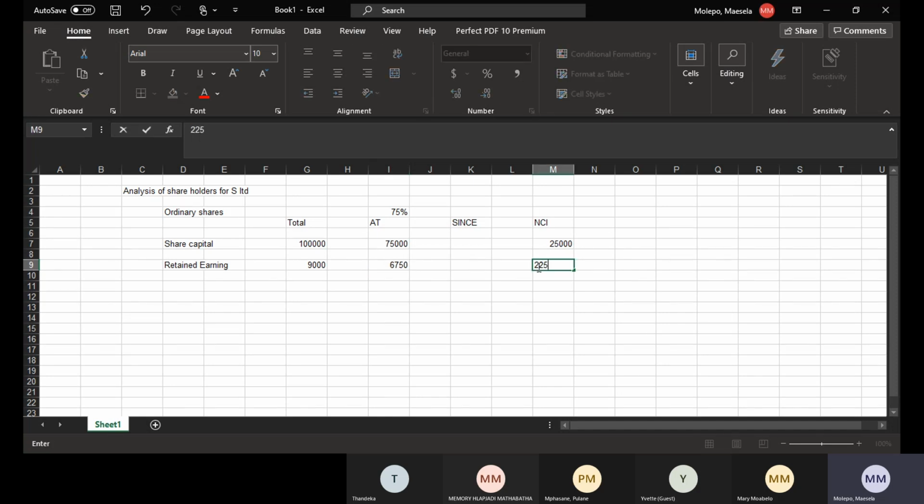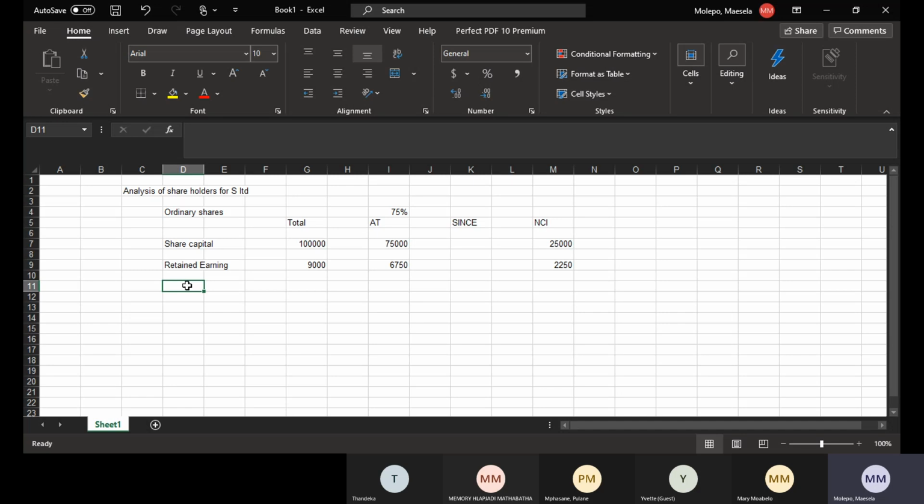Then on the same date of acquisition, we were told that his land was now valued at 120,000. However, there was no record made of it. So in terms of the journal, we have to account for the revaluation of the land, but we're still going to do that journal. We're going to revalue the land. After revaluing the land, it means now the land will be sitting at 120. Before it became 120, how much was it?